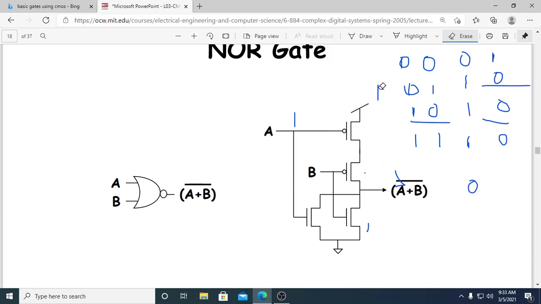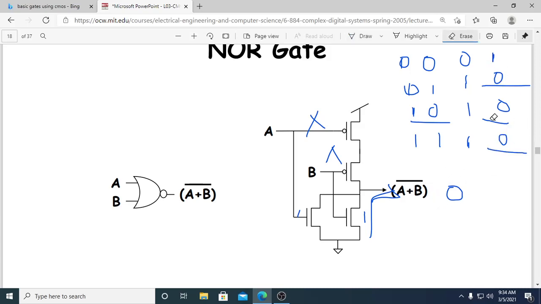What is happening in this case? Both are 1. This will not turn on, this will not turn on, but these both are turned on. So it will pass a 0. So that is the correct output.